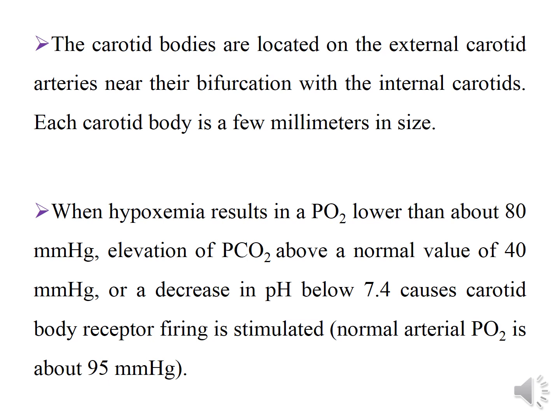When hypoxemia results in an oxygen tension lower than 80 millimeters of mercury, elevation of CO2 tension above a normal value of 40 millimeters of mercury, or decrease in pH below 7.4, carotid body receptor firing is stimulated.